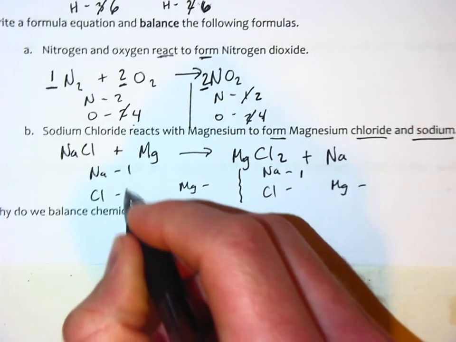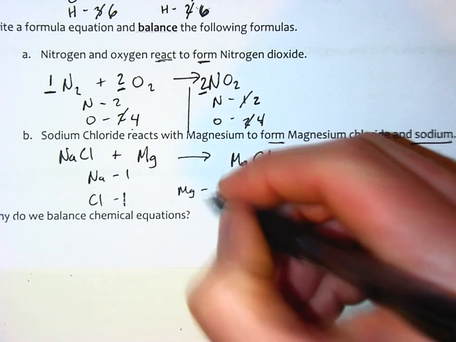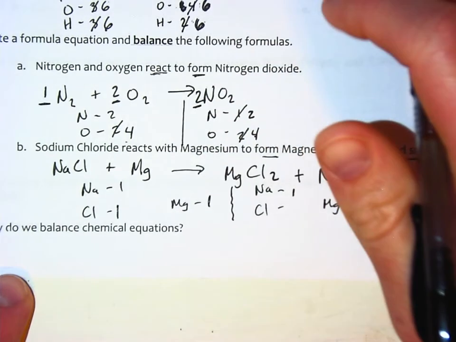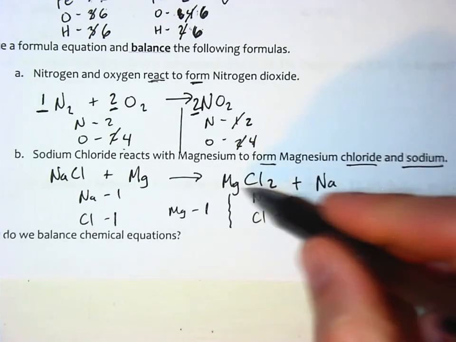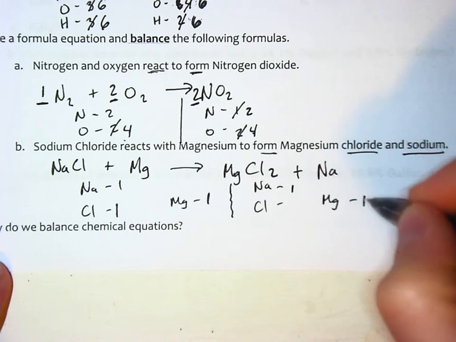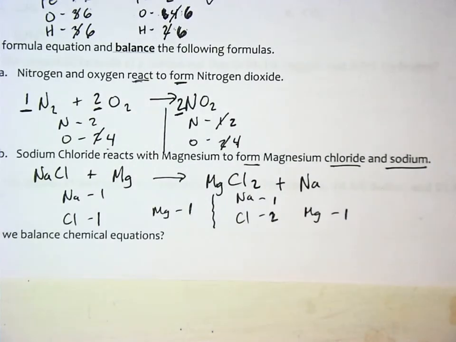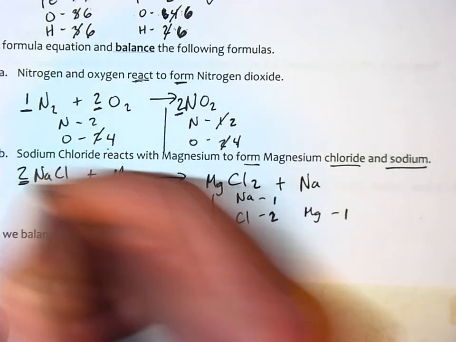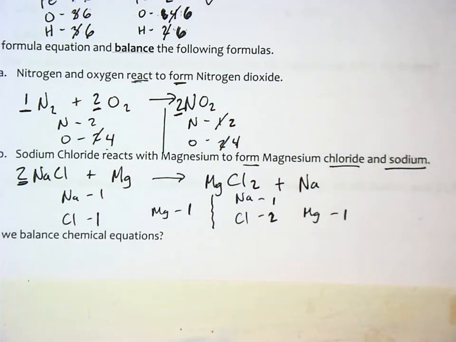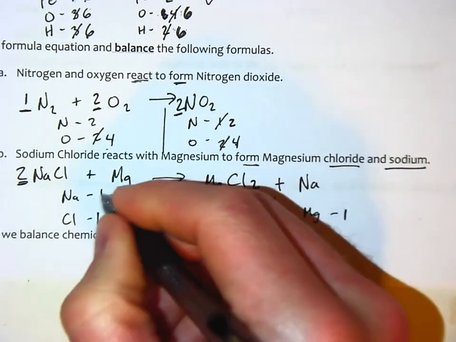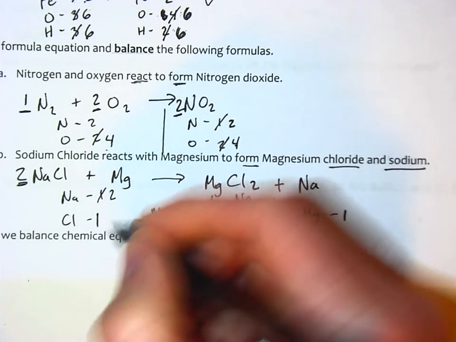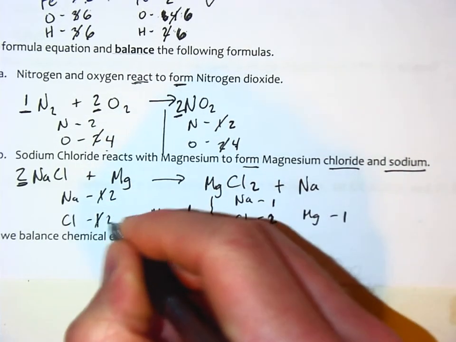Cl, I've got 1. Magnesium, I've got 1, then magnesium on the other side, I've got 1. And Cl, I've got 2. So I'm not balanced. So what I'm going to do is add a 2 here, which is going to give me 2 Na's now and 2 Cl's.